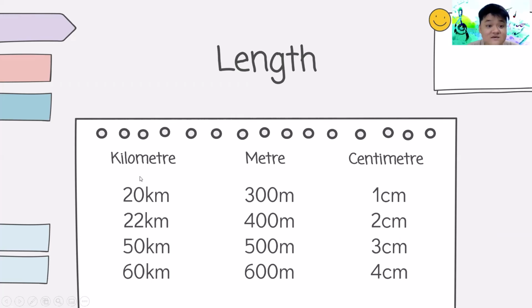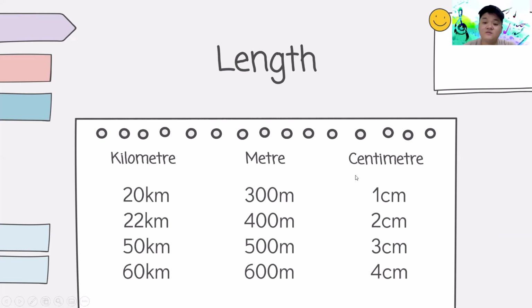Km means kilometer. Now, meter, we can say 300 meters, 400 meters, 500 meters, 600 meters, and the letter m here means meter. Understand?